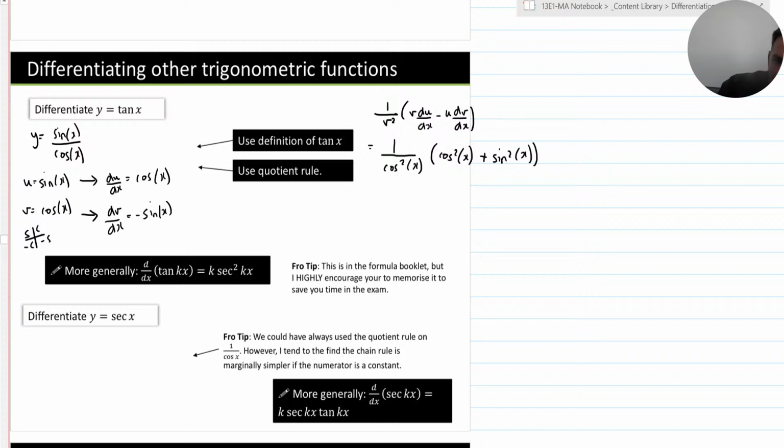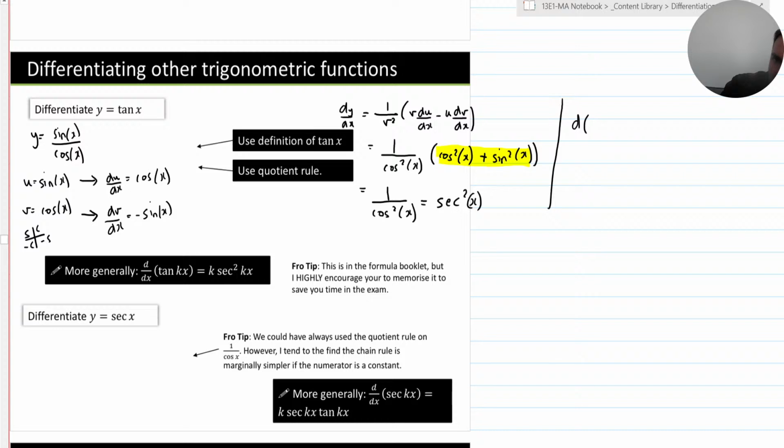And we should probably just put up here dy by dx. We know that this part here is equal to 1, don't we? Because cos squared plus sine squared is equal to 1. So we know that this is equal to 1 over cos squared x.